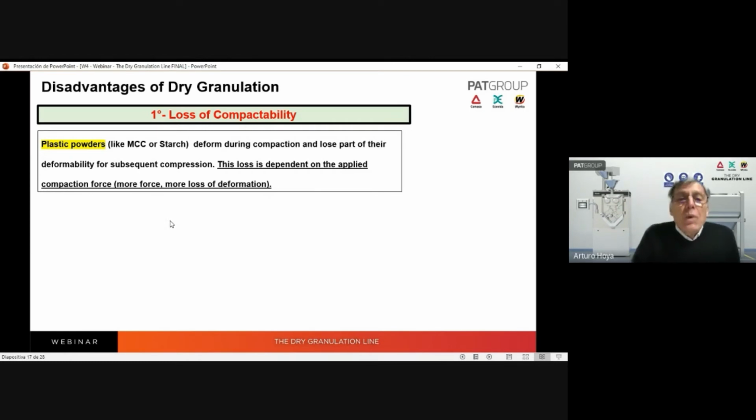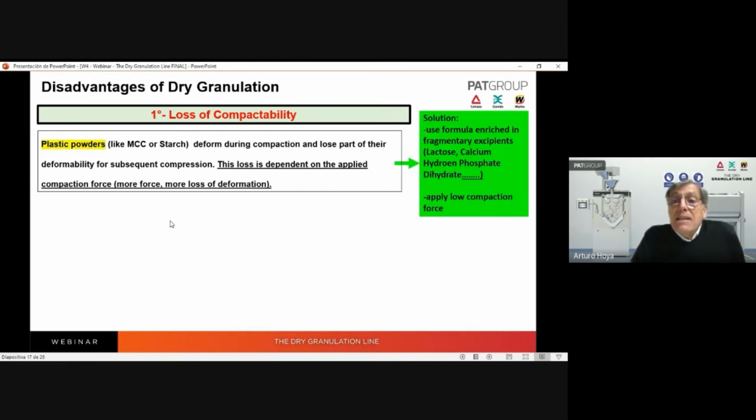So which is the solution for a formulation that has a plastic powder, plastic filler, or an API with a plastic characteristic?